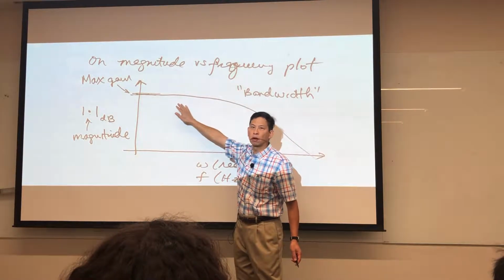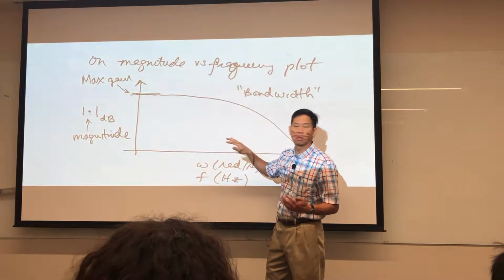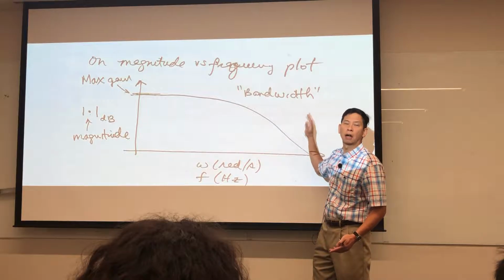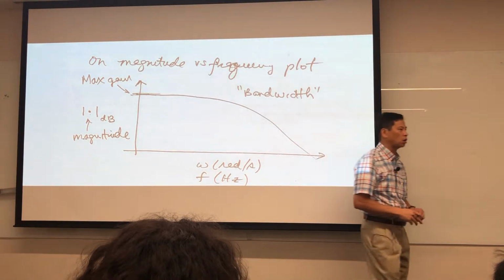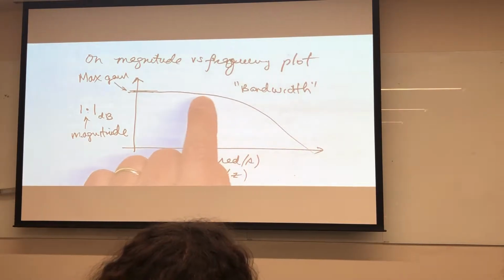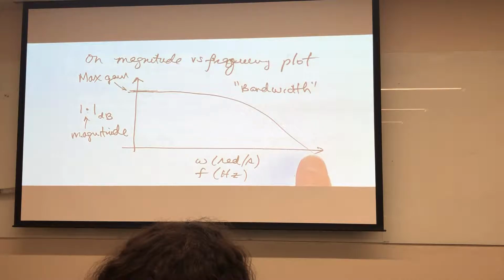Just like a man's voice, he has a difficult time singing at high frequency. A woman's bandwidth is a little higher, but she also has an upper limit. And so we typically see in real physical systems that the frequency response, the gain, the magnitude decreases.